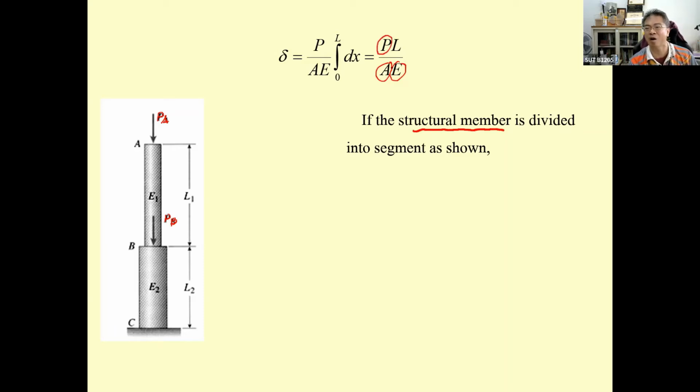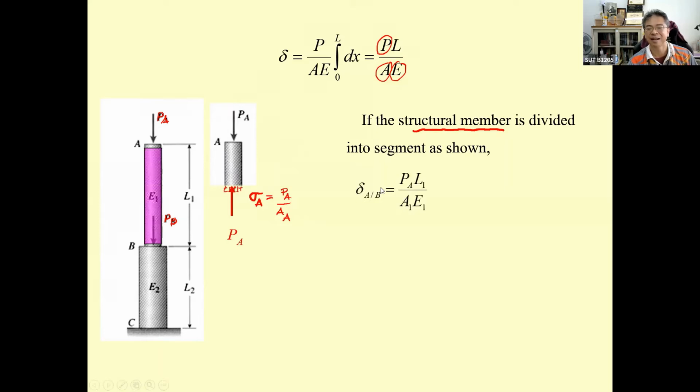So all of them are constant. And then we just determine the internal force, P sub A, that occurs over here, and it's going to be sigma sub A equal to P sub A divided by A sub A. That is typically a uniformly distributed stress over here.